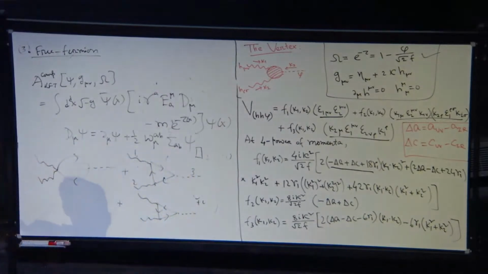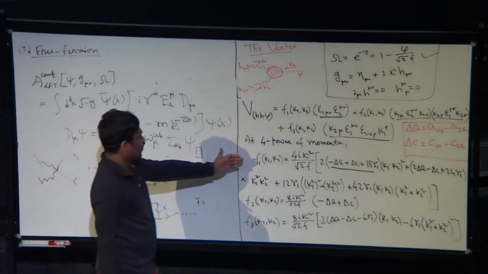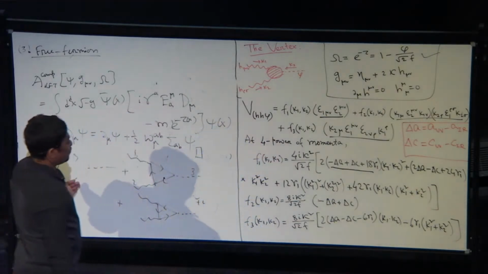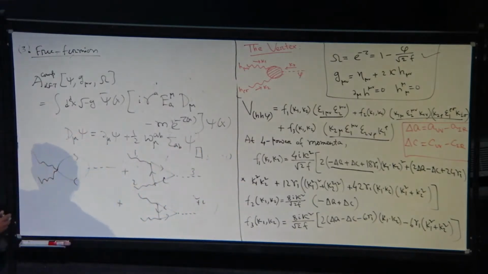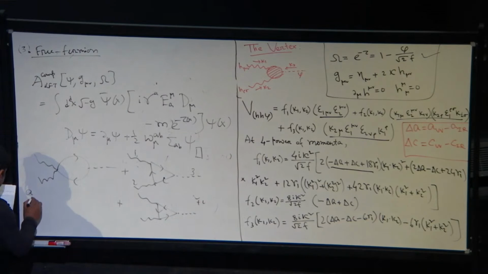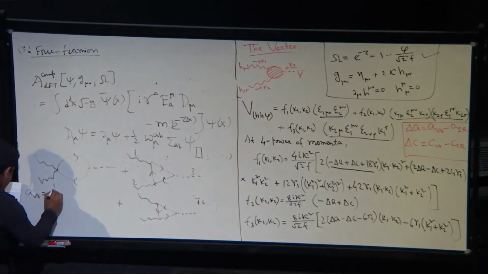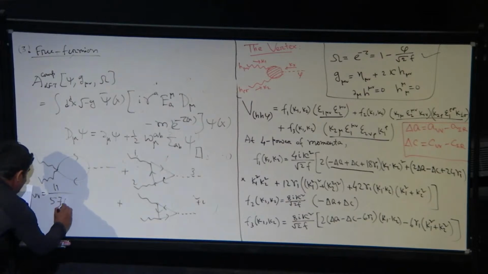And again, we can evaluate these diagrams and do a low momentum expansion, read off the 4th power of momentum piece, compare with our prediction, and we can read off the anomaly coefficients as well as the R1, which agrees with the computations people already did earlier. These values are known.